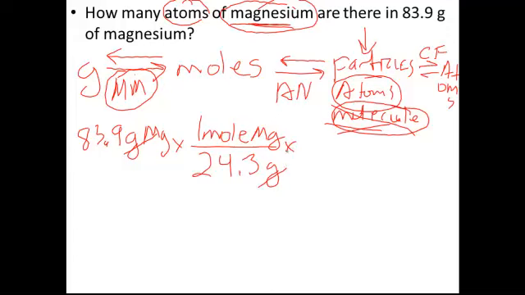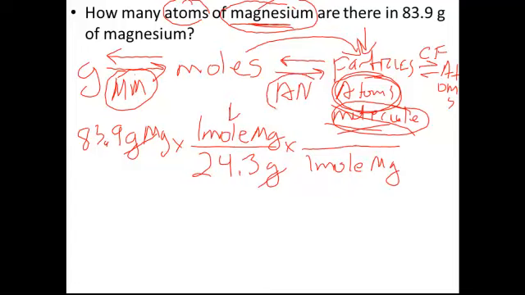And now that we have moles of magnesium, let's continue from moles straight to particles, in this case atoms. So now we want to cancel our moles. So 1 mole of magnesium contains Avogadro's number, 6.02 times 10 to the 23rd.